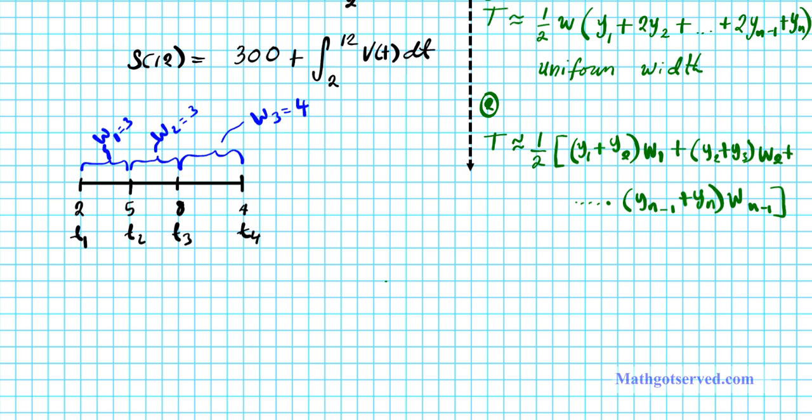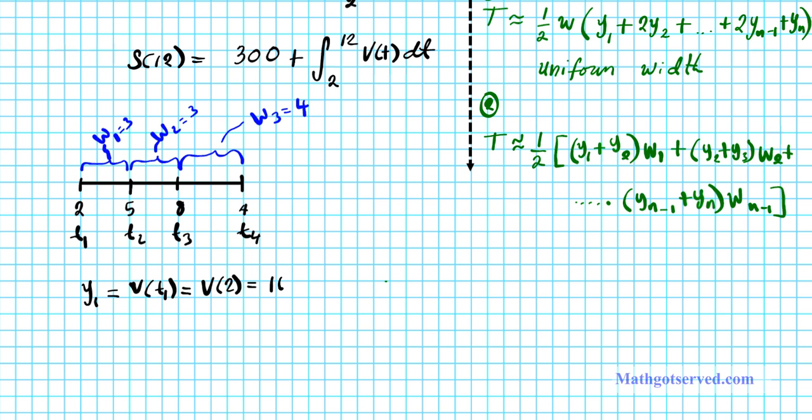You just want to note that y1 is equal to v of t1. So you're basically using your table. So v of t1 is v of 2. That's what you get when you plug 2 in, and that's 100.